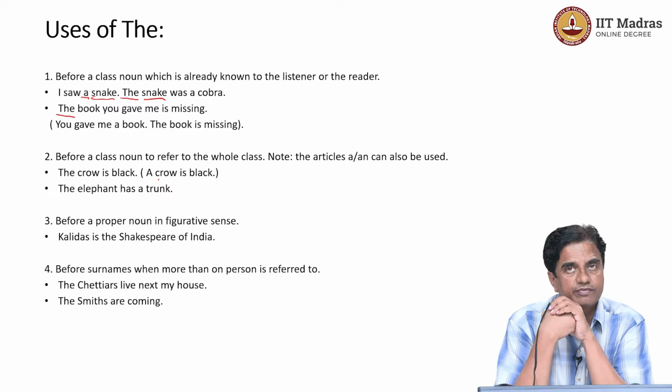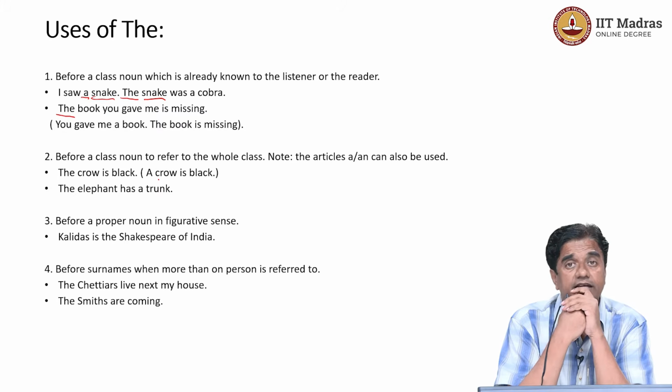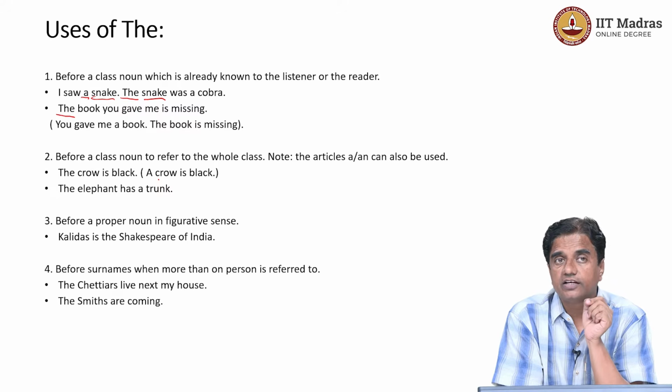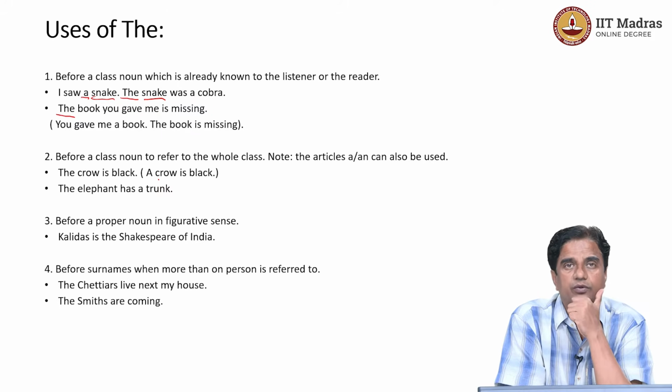We can also use a definite article before a proper noun in a figurative sense, in a metaphorical sense, that is, in a figure of speech, when we use proper names as figure of speech. Look at this. We can say Kalidas is the Shakespeare of India.